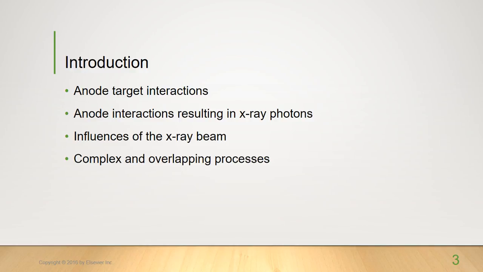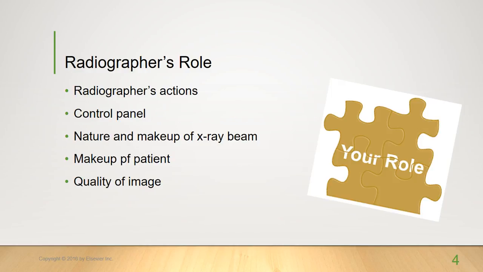There are several complex and overlapping processes that result in the radiographic image. You may have already heard people in the public who say, oh, you do nothing but push a button. Trust me, there's more to it than that. You actually need to understand how all of this works because you are applying radiation to the human body.